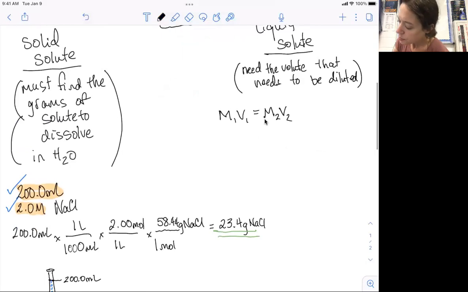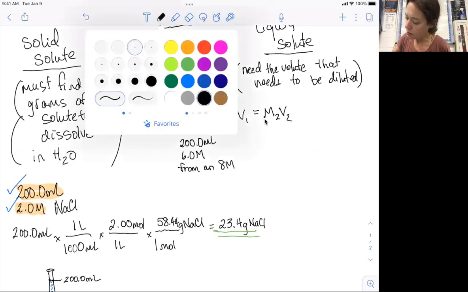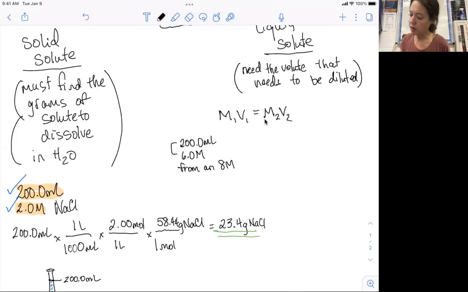For example, I need to make 200 milliliters of a 6.0 molar solution, and what I have available to me is an 8 molar solution. So I'm going to plug it in so that this volume and this molarity go together. My molarity will be 6.0 molar, my volume is 200 milliliters.